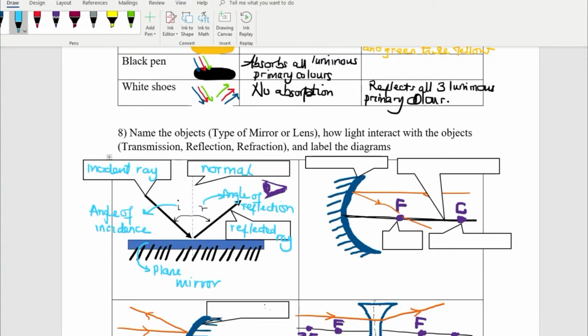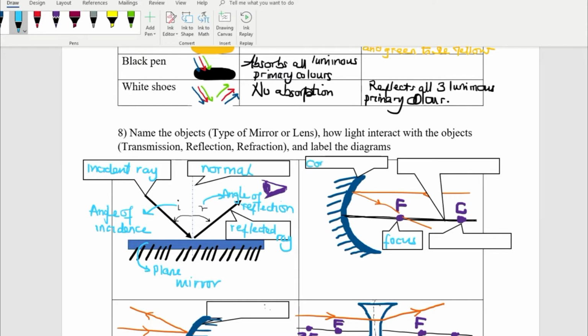Now this is a follow-up to the next diagram here, where we see a curved mirror with slash lines on the left side, and also a hint which shows an incident ray that bounces and results in a reflected ray. This reflected ray touches F, which is called the focus, and this shows that this mirror is called a converging mirror, or concave.